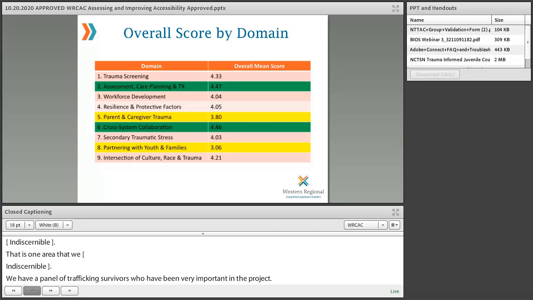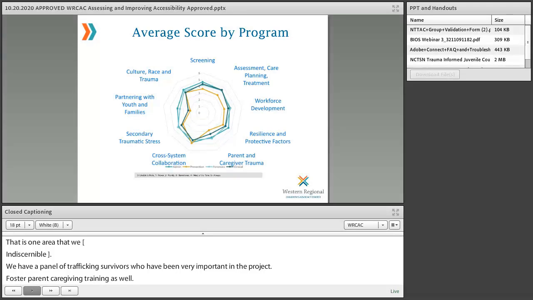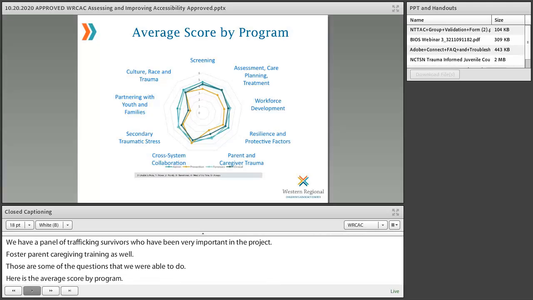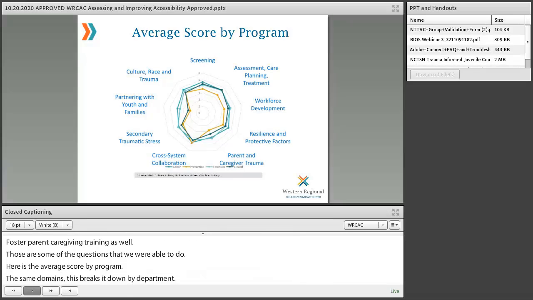And then this one is where it gets kind of interesting. So here we're looking at average score by program. So again, the same domains, but this breaks it down by department. So you'll see that, for example, looking at our admin team, they typically scored things higher as occurring more frequently.